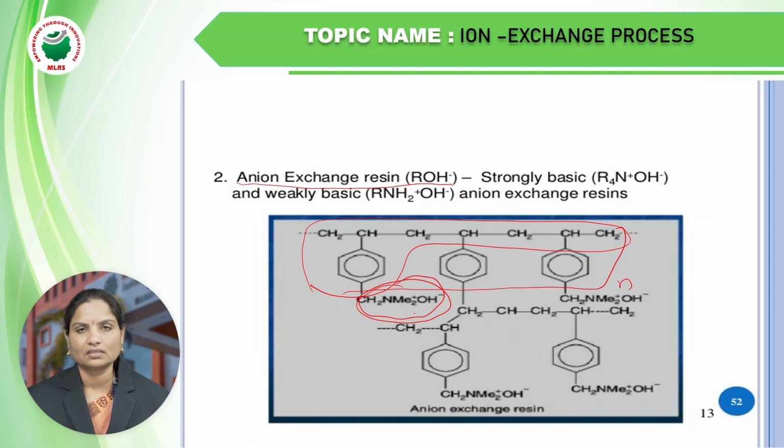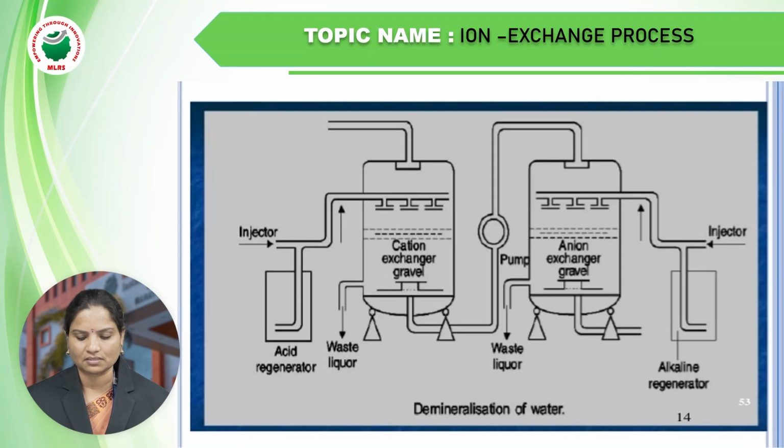This type of anion exchange resin is used in the ion exchange process. So in the ion exchange process, we use two types of resins: the cation exchange resin and the anion exchange resin.